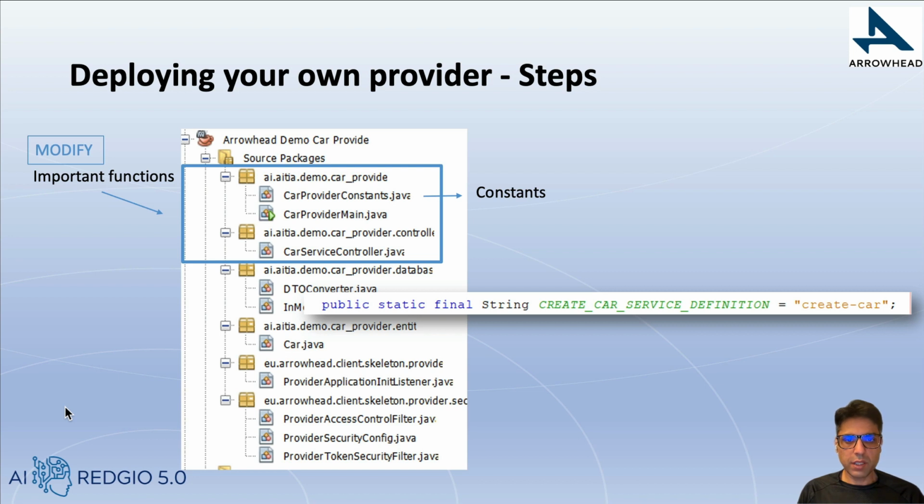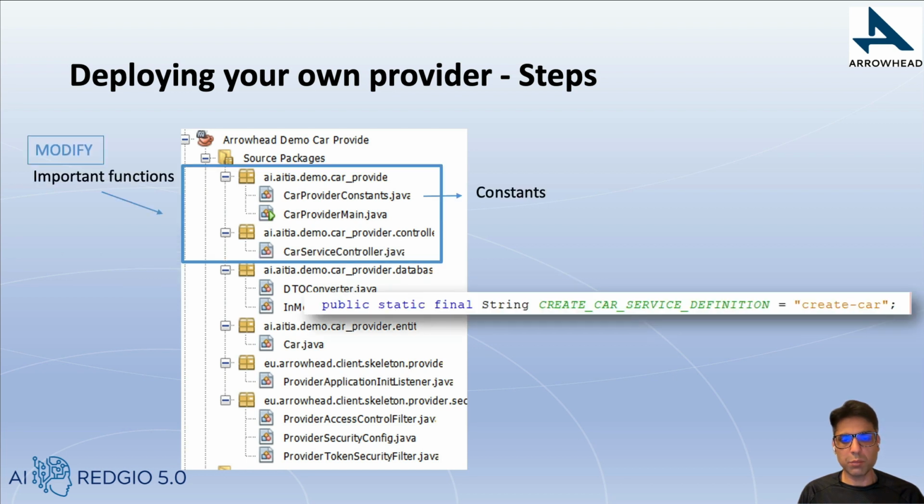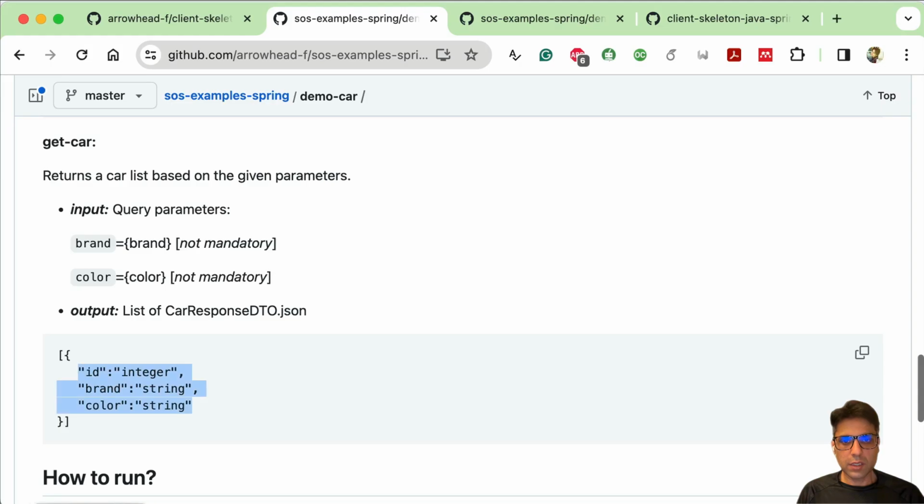So here we have shown how you can use different database functions to customize how the information is being manipulated or provided. Here is the new car create service, and that is defined inside the car controller. I can show over here.